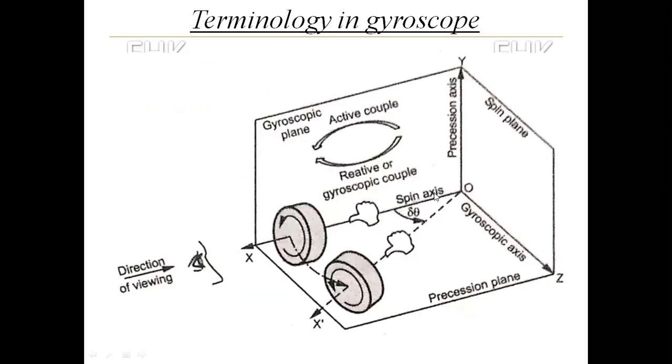This is the spin axis. The spin axis is turning through angle delta theta. That turning you can see from the top view.